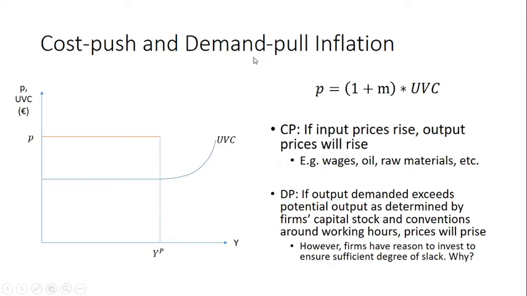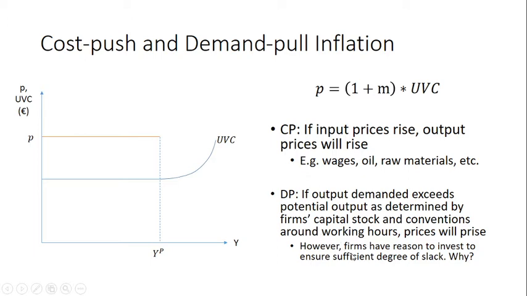In that case, we would imagine the price likewise curves upward this way, and so if there's such high demand above full employment output or potential output, where potential output is determined by the firm's capital stock and the conventions around working hours and so on, then we know that prices will rise. So we have a demand pull inflation aspect as well.